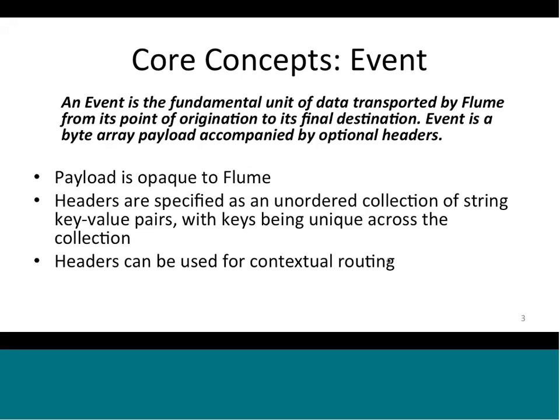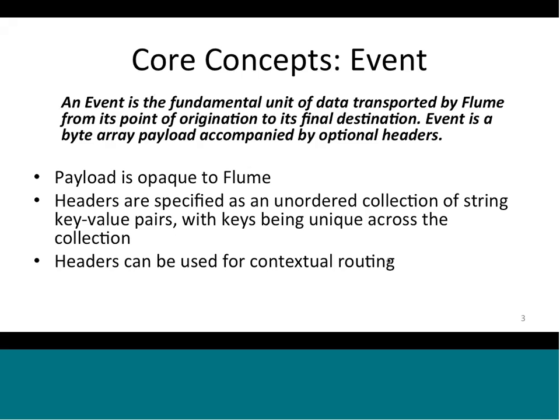Headers are specified as an unordered collection of string key value pairs with keys being unique across the collection. So the header for an event is anything again you want it to be. Header can have any information which you want, but it's more like a map. It's a hash map where you have key value pairs corresponding to different things.